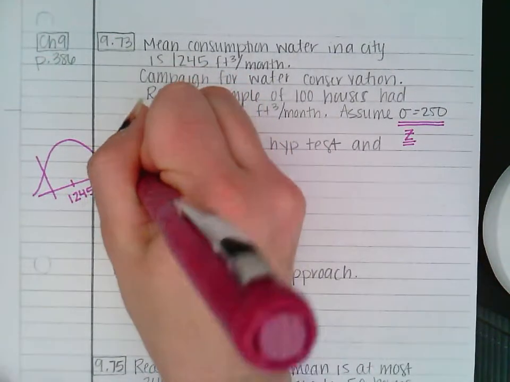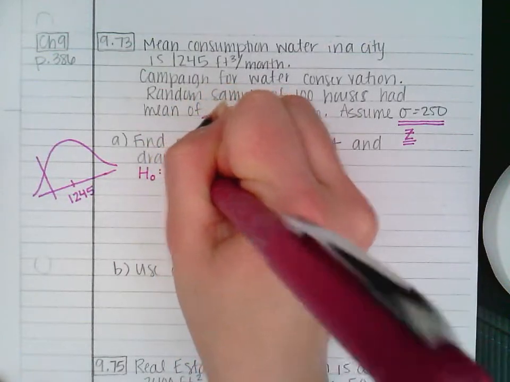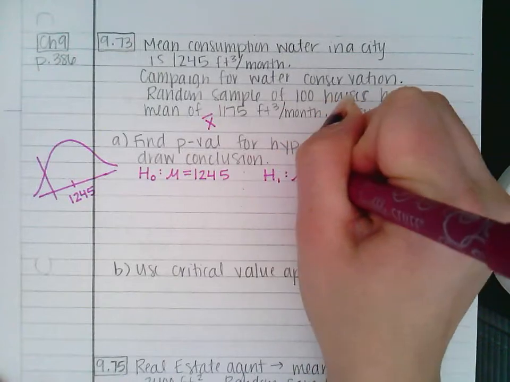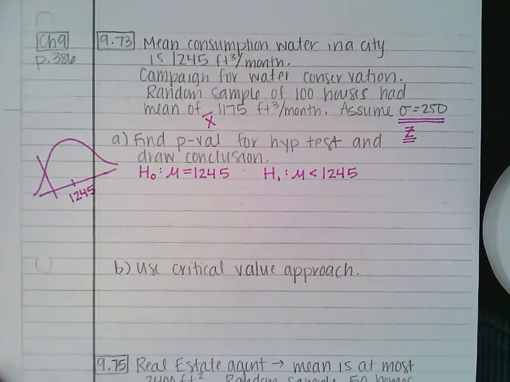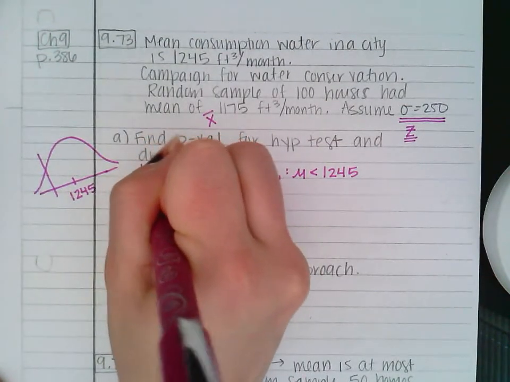And so what that means is our null hypothesis is going to be 1245 and our alternative hypothesis is going to be less than. That's what we're testing here. And so we're going to do a Z value.